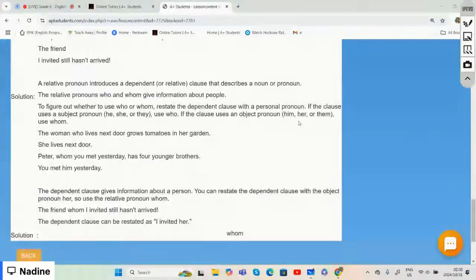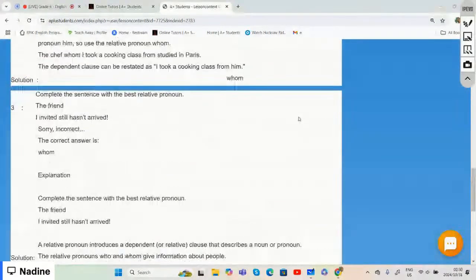And the last one, it says the friend. Do we say the friend who or the friend whom I invited still hasn't arrived? Do we say the friend who I invited or the friend whom I invited?